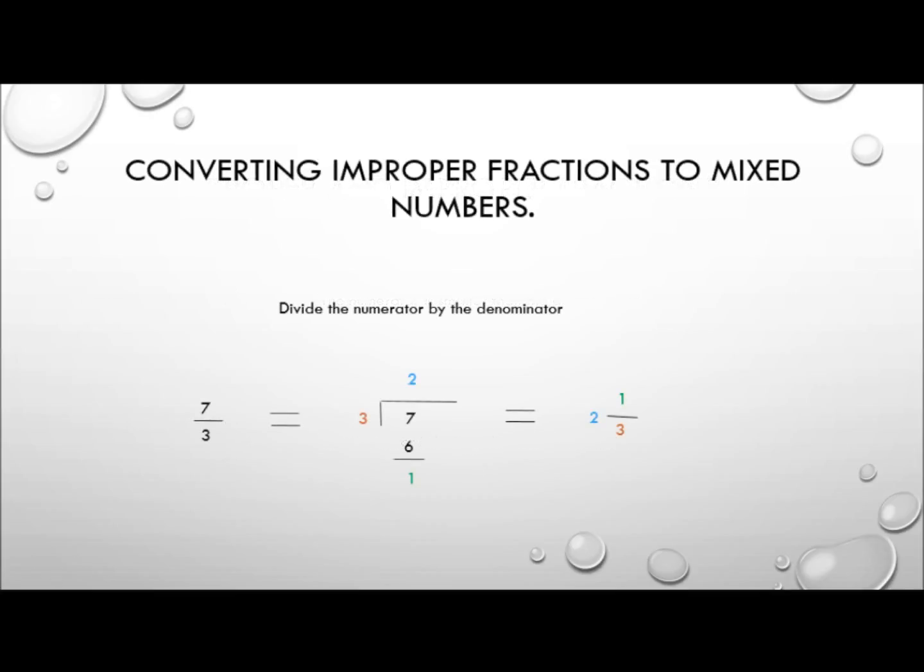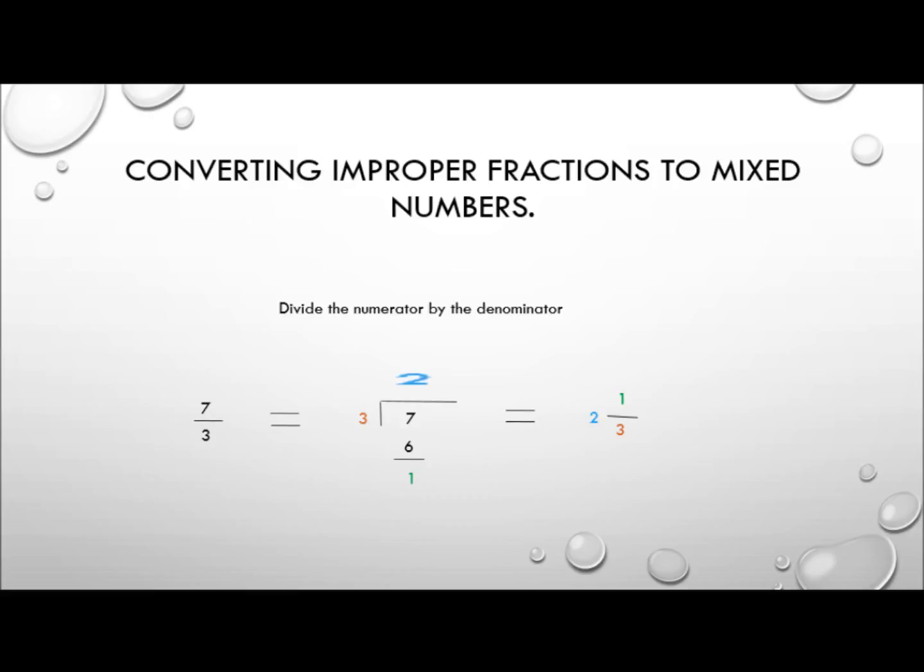If we wanted to convert an improper fraction to a mixed number, by the way, that's where you have a whole number and a fraction combined, all we do is divide the numerator by the denominator. So in this case we have 7/3, and that's just a case of dividing the 7 by the 3.